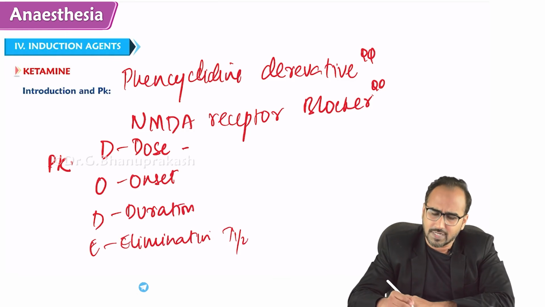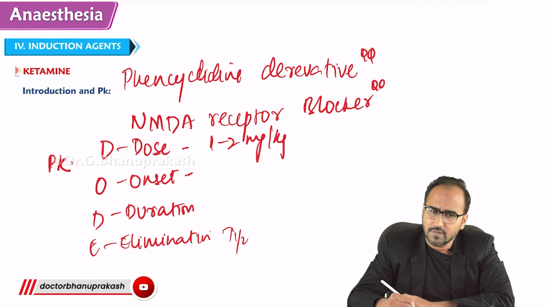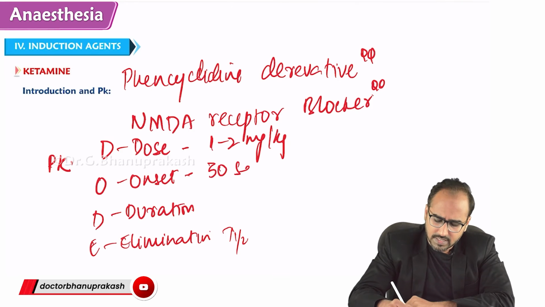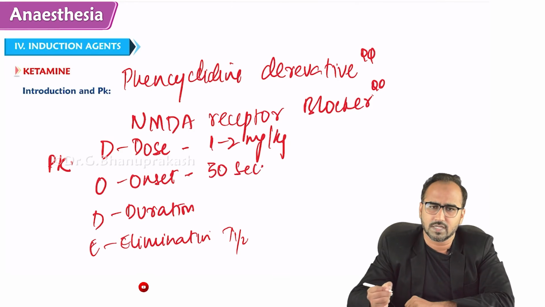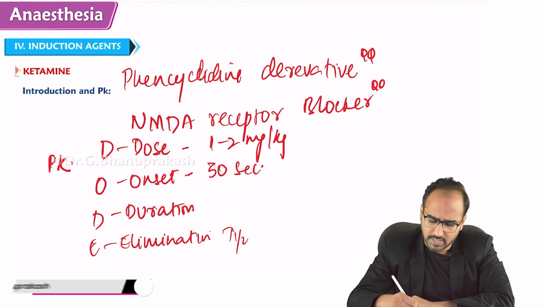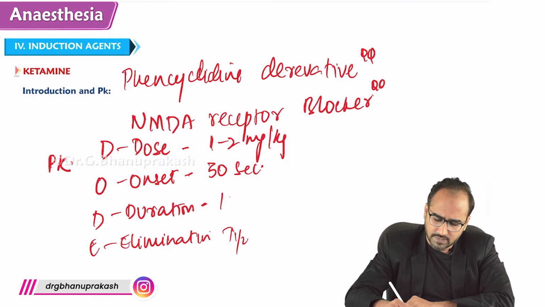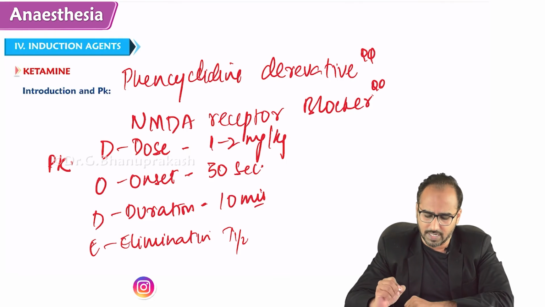The dose of ketamine is similar to propofol, 1 to 2 mg per kg body weight. Onset: after giving ketamine, within how many seconds does the patient become unconscious? It is 30 seconds. D is duration. The duration of ketamine, like all IV induction agents, is 10 minutes.